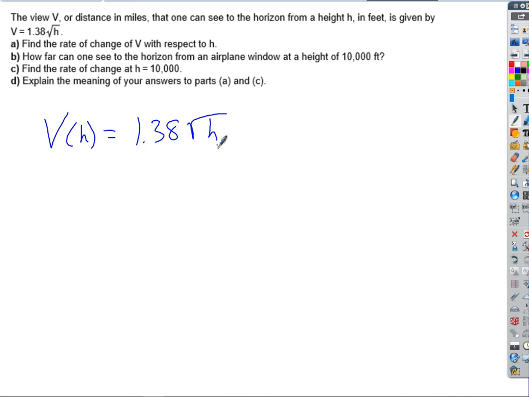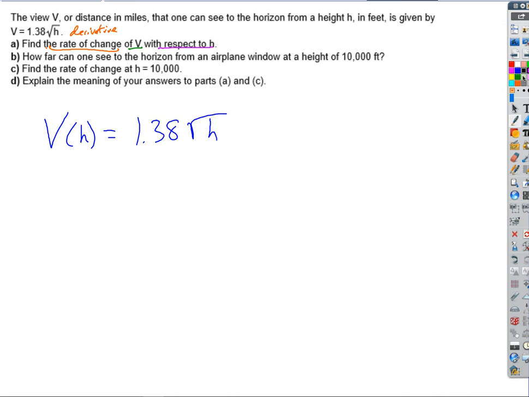So find the rate of change of v with respect to h. What is that? Rate of change means derivative, right? So right away, let's just dissect this statement. Rate of change is derivative of v with respect to h.